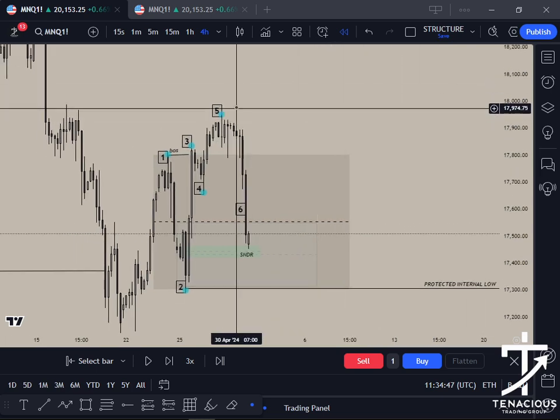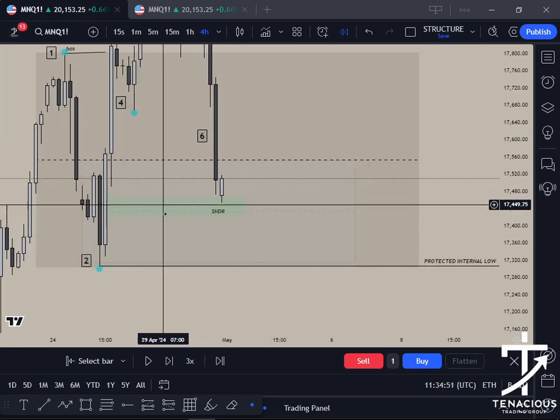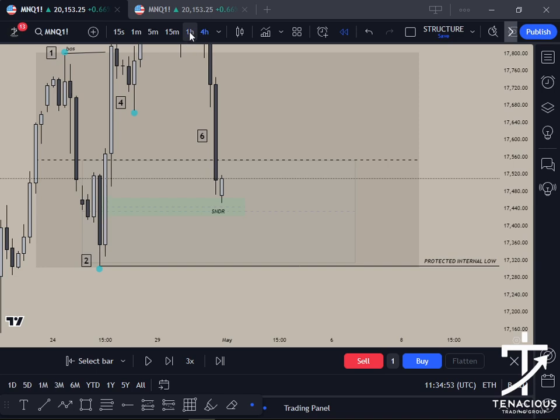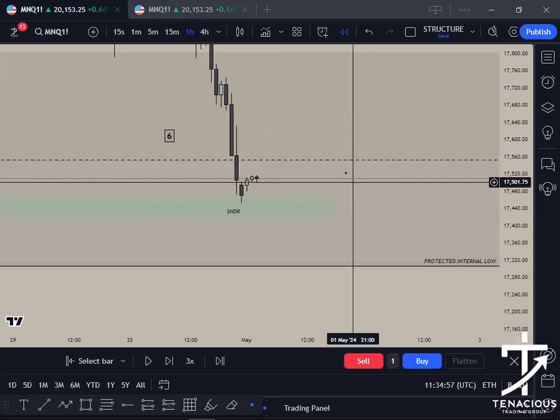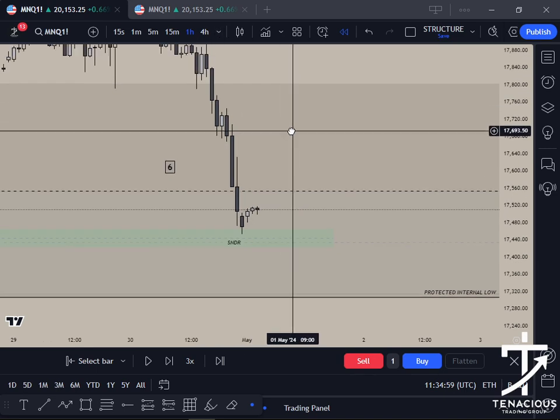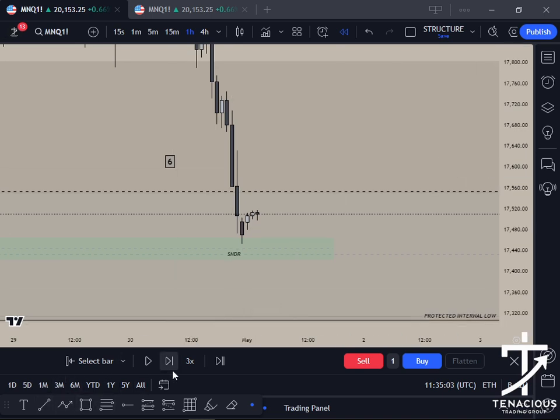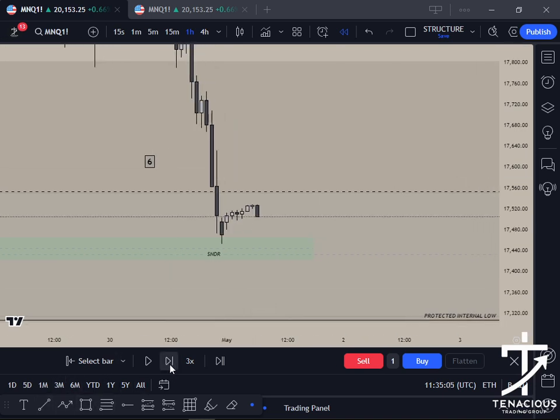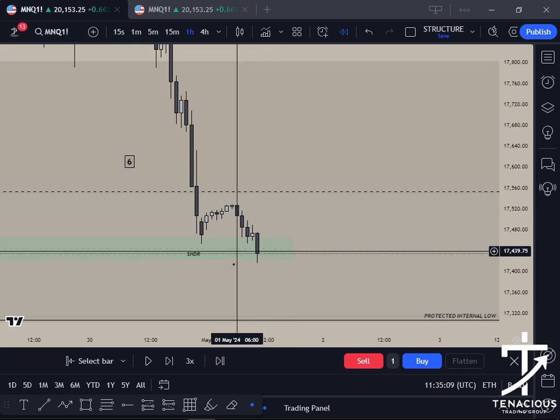So cool. So now what do I want price to do? I want price to tap into this bullish fair value gap and show me some sort of reaction. So yeah, some sort of reaction. Okay, we've now swept.